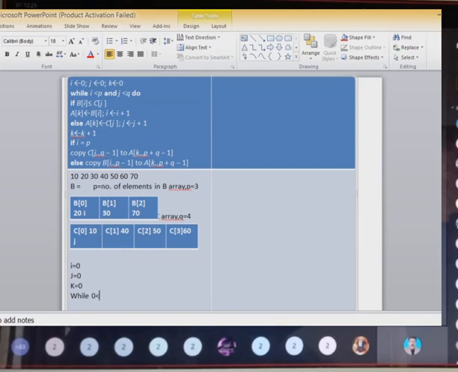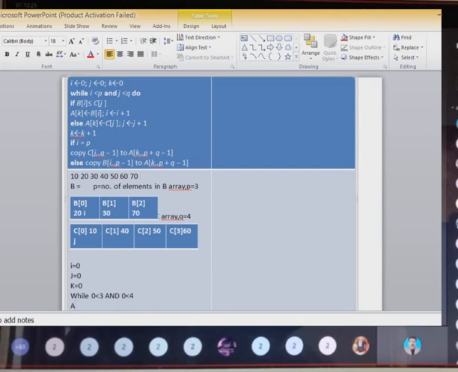So 0 less than number of elements 3, and initially J is in 0th index. I equivalent to 0, J equivalent to 0. 0 less than Q, the number of elements in the C array, 4. Now both conditions are satisfied.